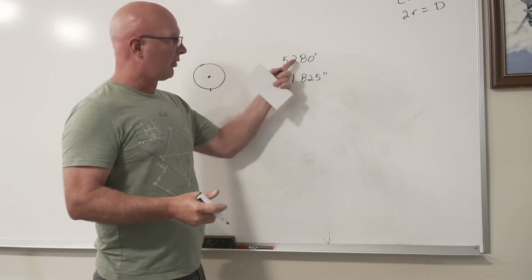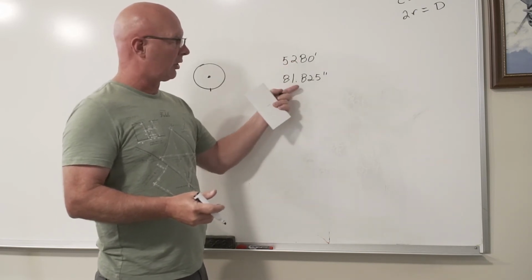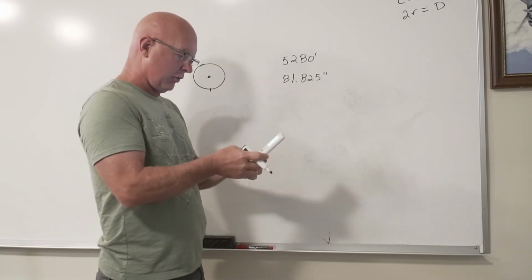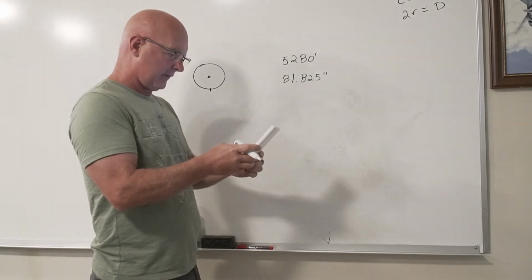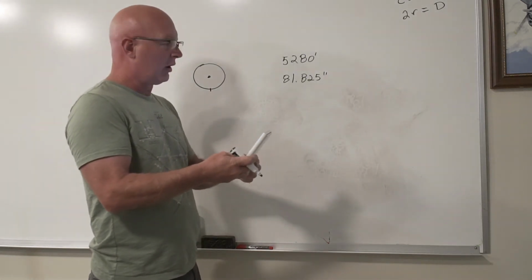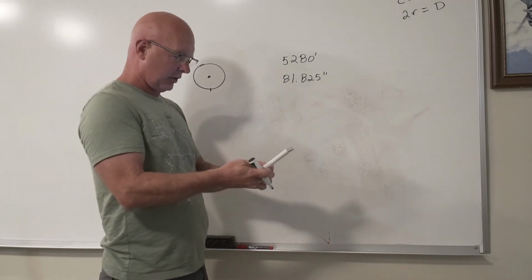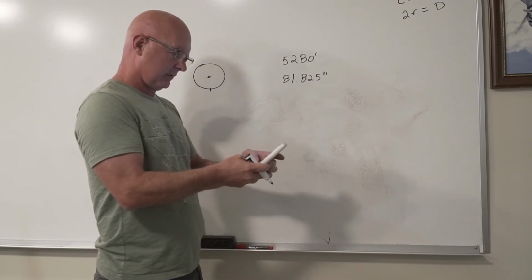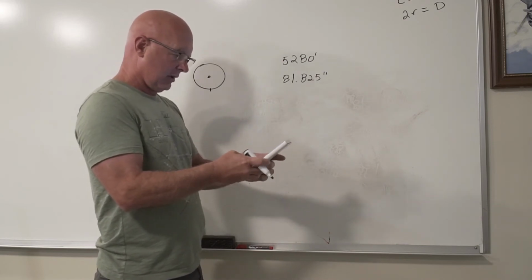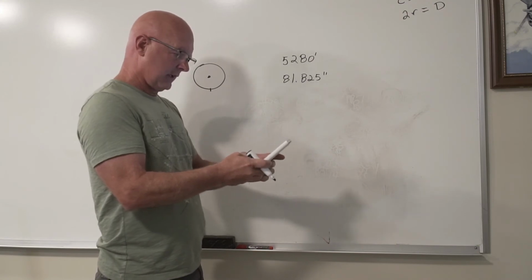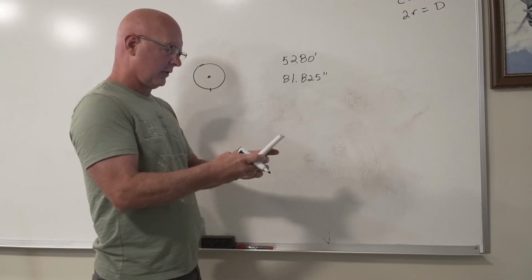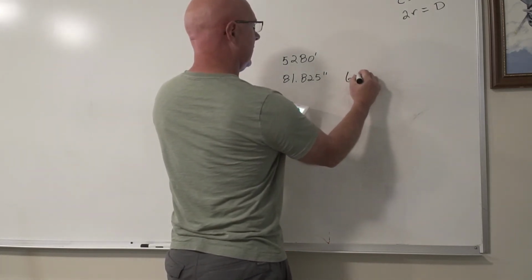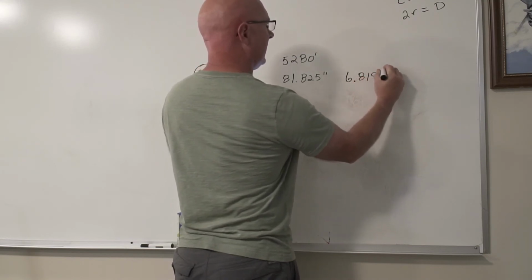So we either have to convert this into inches or this into feet, and we're going to choose to convert this into feet. So what I'm going to do here real quick is take 81.825, and we know that there are 12 inches in 1 foot. So we're going to divide that by 12. 81.825 divided by 12 is going to give us 6.819 feet.